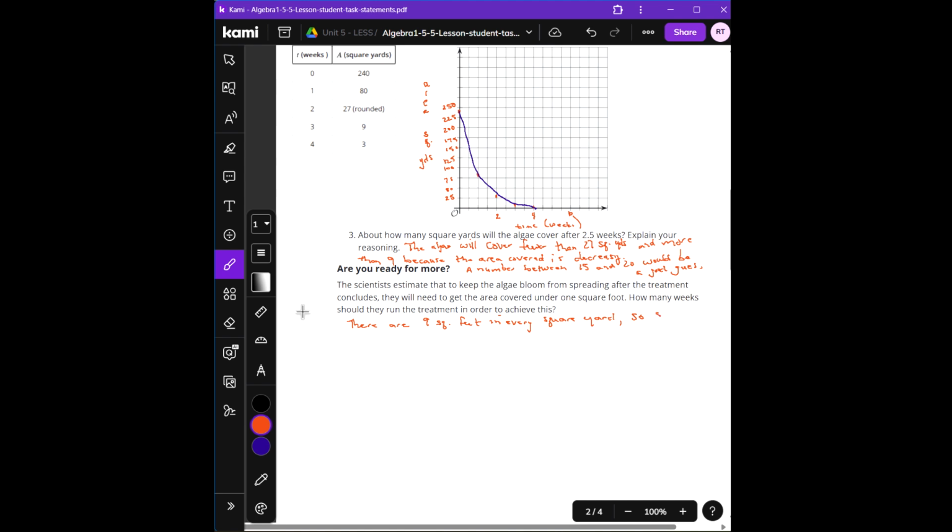So 1 square foot is 1/9 square yard, or about 0.111 square yards.